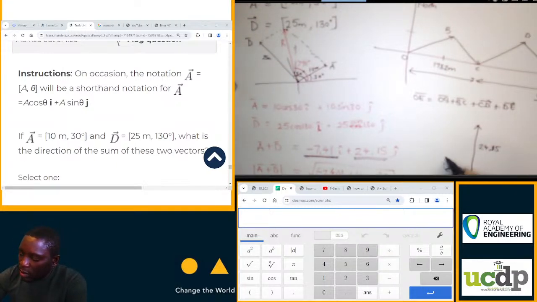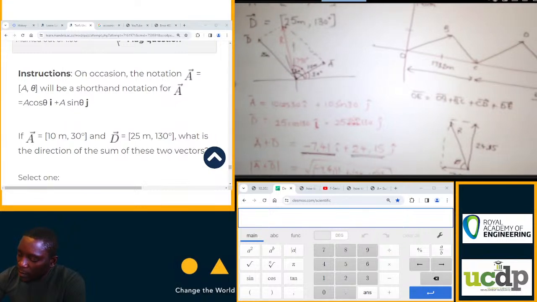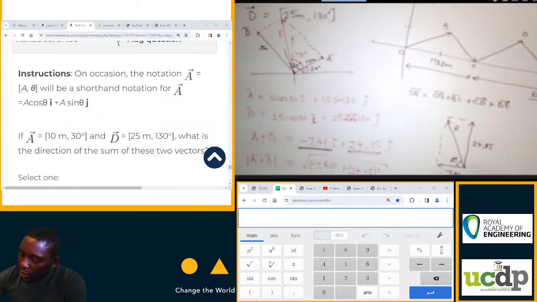So the resultant there is at an angle phi, such that tan phi is equal to opposite over adjacent, 24.15 over 7.41.